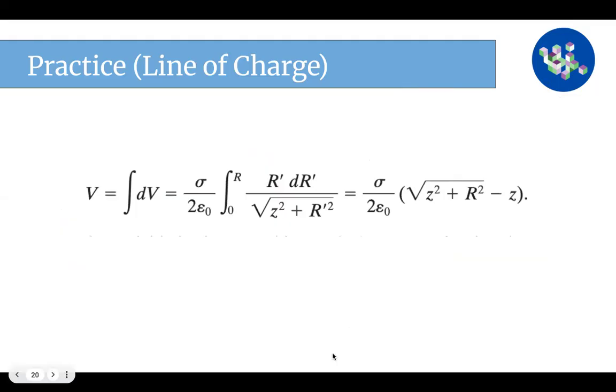So I'll clear this, and this is our answer. You might think this is a bit different, but that's actually the same thing, because at the end we had 2 pi times k, and that's just the same thing as 1 over 2 epsilon 0, because k is 1 over 4 pi epsilon 0.